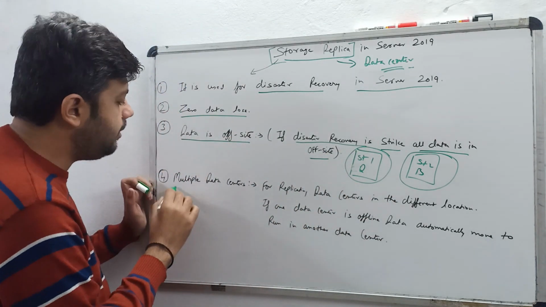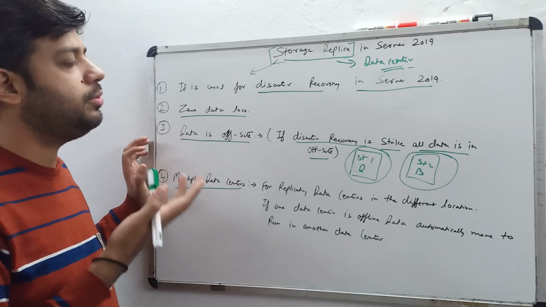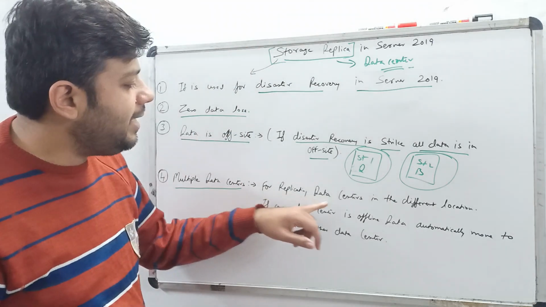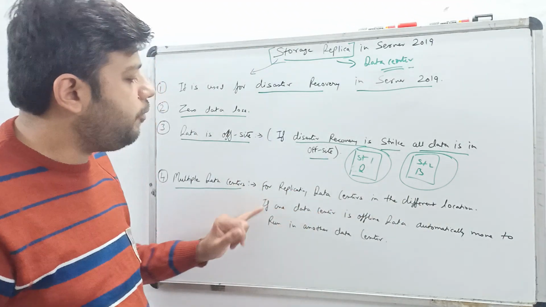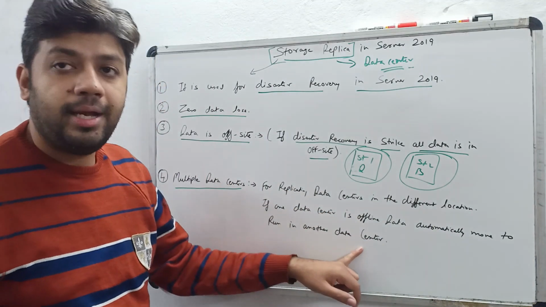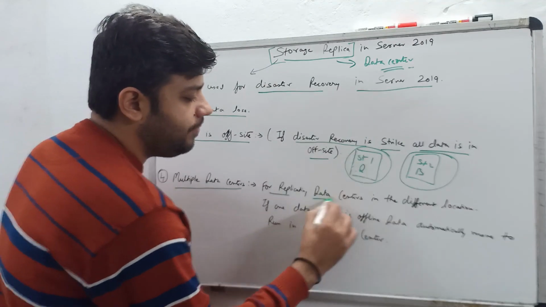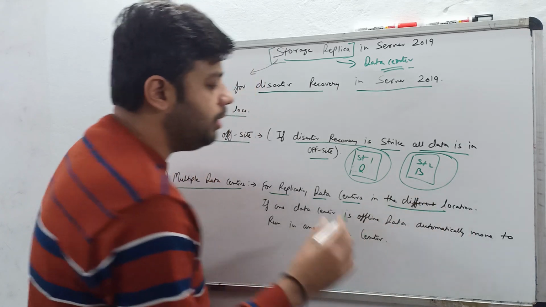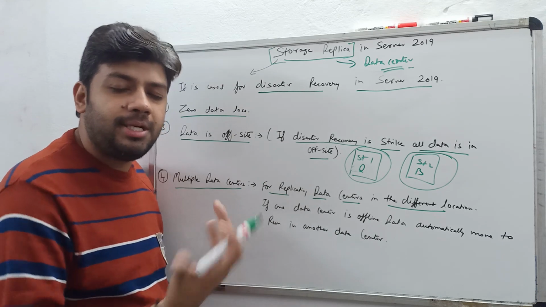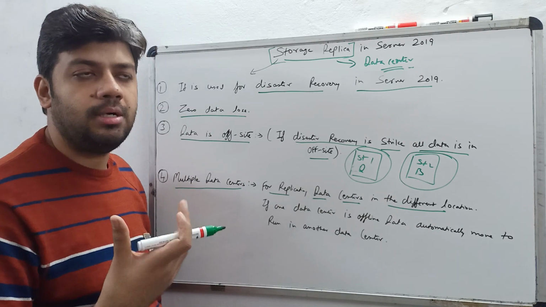Next, we have multiple data centers. We can use multiple data centers to protect our data with the help of storage replica. For replicating data centers in different locations, if one data center is offline, data automatically moves to run in another data center. Imagine one data center is in Delhi and one data center is in Bangalore.